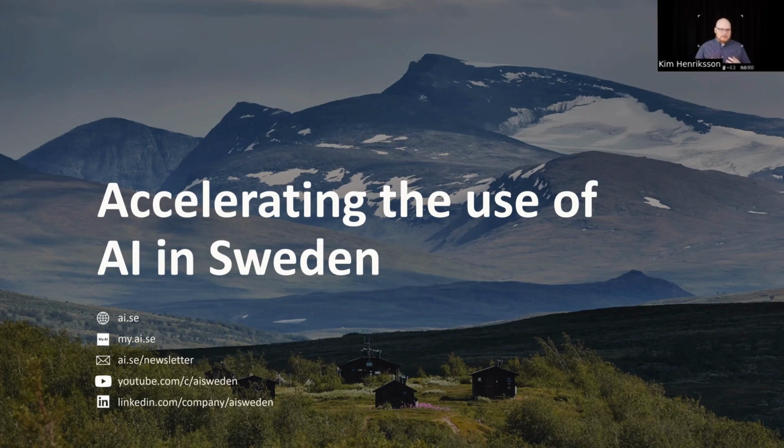To give you a little bit of understanding of why we're using OpenNebula and Ansible, I will first present a little bit about what AI Sweden is, why we exist, and what we try to do. Approximately 4 years ago, a collaborative association called AI Sweden was formed, and the purpose of AI Sweden is to accelerate the use of AI in Sweden.